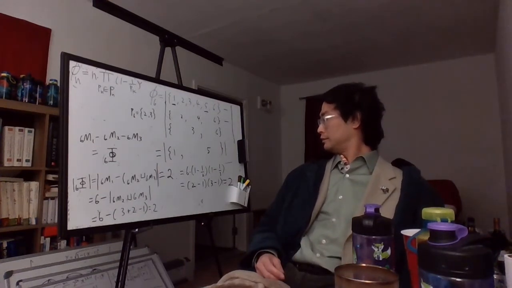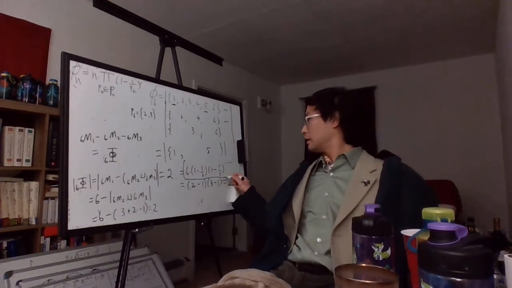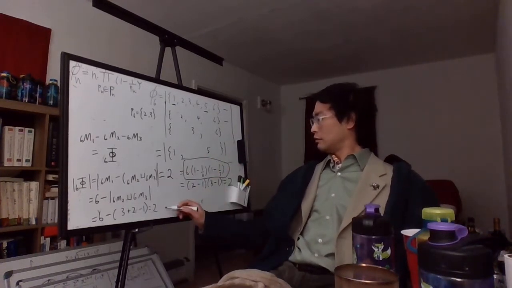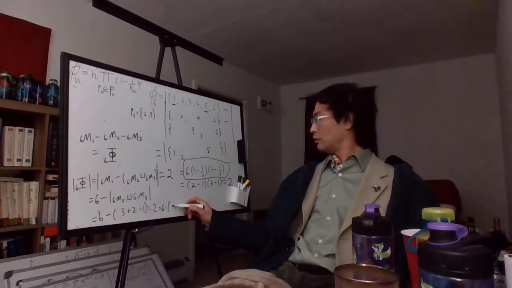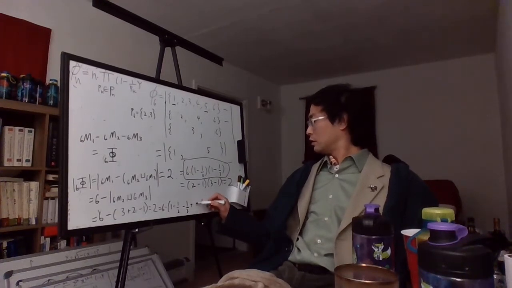Something like that. So if we expand this, 6 times (1 minus 1 over 2 minus 1 over 3 plus 1 over 6).